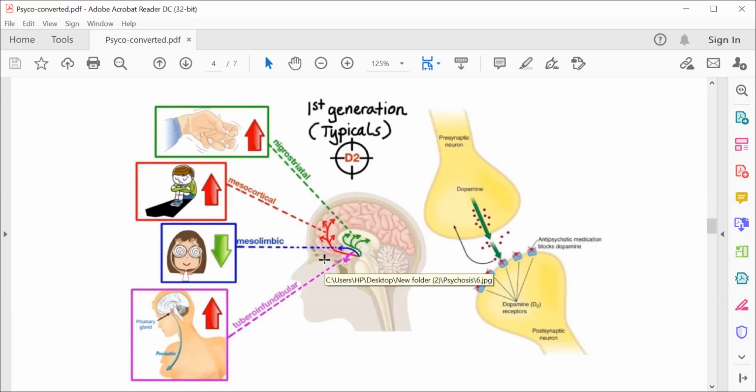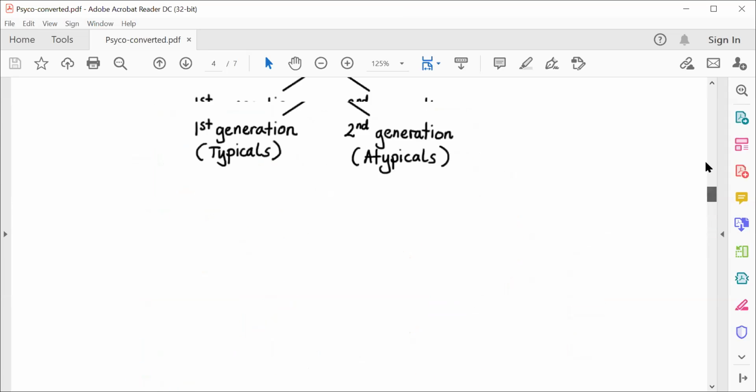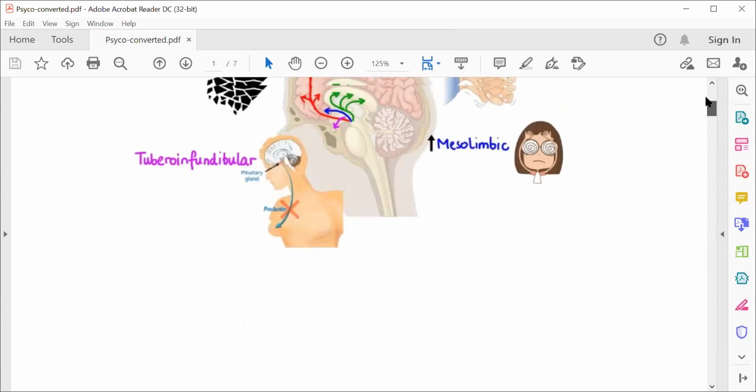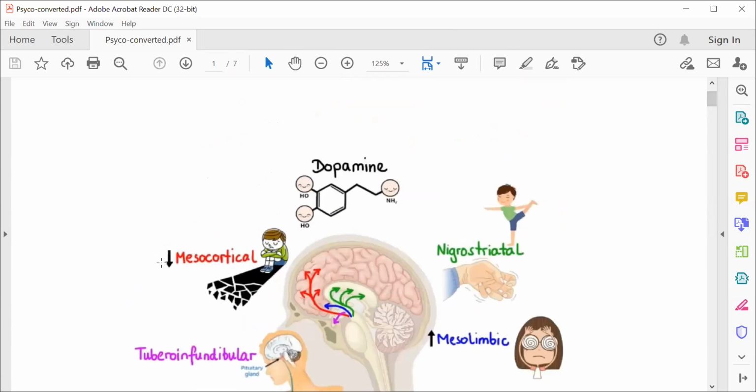Will the negative signs be decreased or increased? No, if you go up here, we said that low dopamine in the mesocortical pathway leads to the negative symptoms, okay?